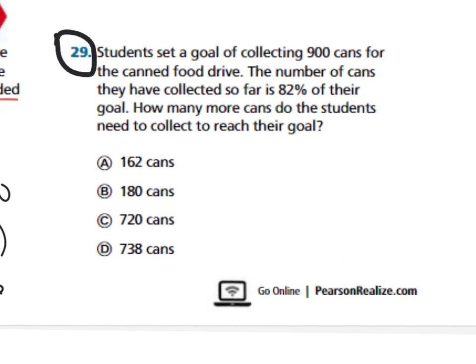And finally, number 29, the goal of collecting 900 cans, and they've collected 82%, and again, how many more cans do they need to collect?